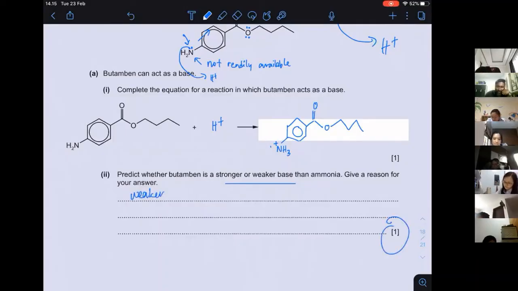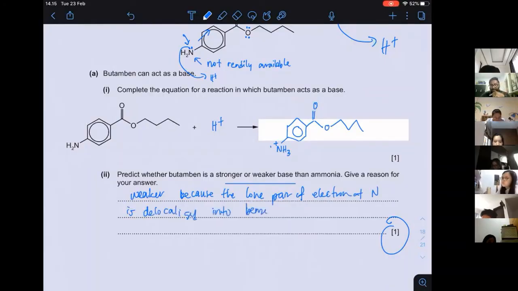So you must say weaker because the lone pair of electrons at nitrogen is delocalized into the benzene ring. When you want to mention overlap, I think you need to say the p orbitals overlap with the p orbitals in the benzene ring.